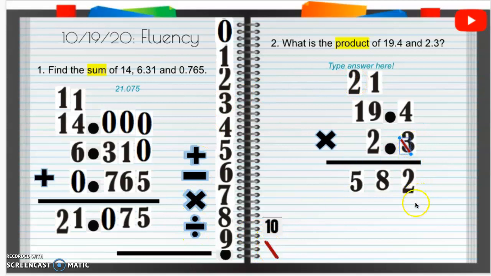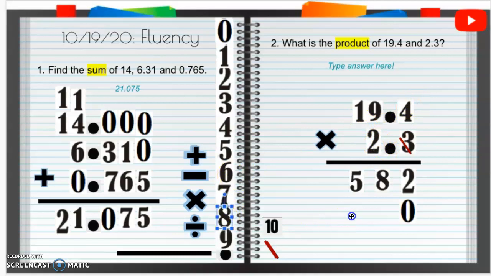When I'm done with that 3, that means I'm going to put a placeholder of 0 because we're moving to the next place value. We are also done with this 1, so I'm just going to delete it. You can either cross them out or delete them like I just did, so we don't get confused. Now we have 2 times 4.